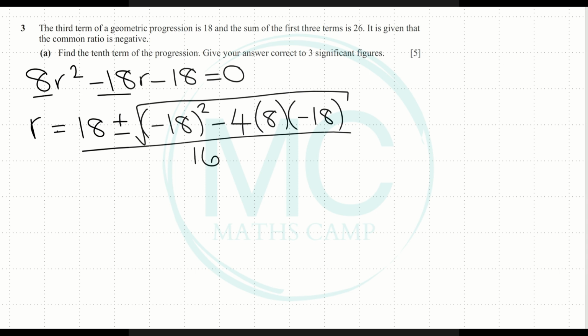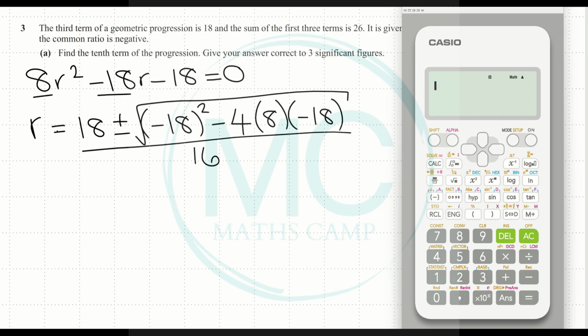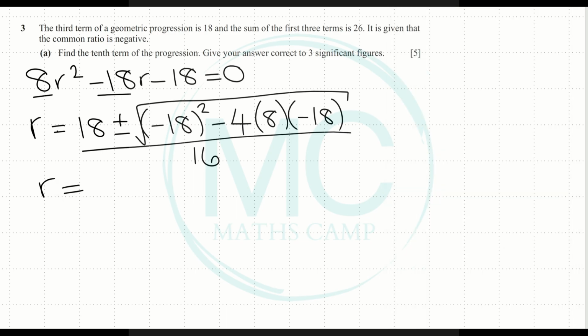Now we can take a calculator, open a bracket, we're going to say negative 18 squared minus 4 multiplied by 8 multiplied by negative 18 is equal to 900, square root, and we get 30. So r is equal to 18 plus or minus 30 over 16.